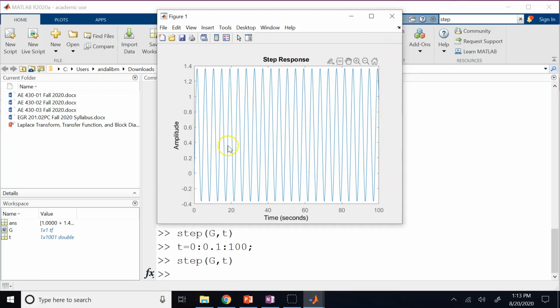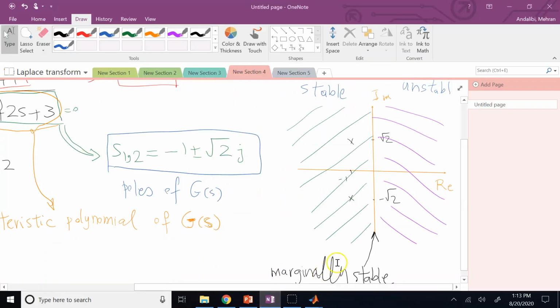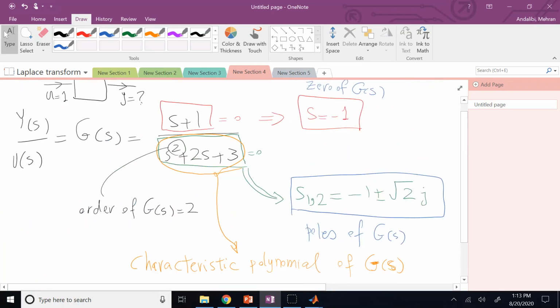It's sustained oscillation. So we don't call it stable, we don't call it unstable. We call it marginally stable or marginally unstable. Okay? So marginally stable or unstable means sustained oscillation. So now we know why we call the denominator of the transfer function characteristic, because the roots of that, or the poles, will tell you everything.